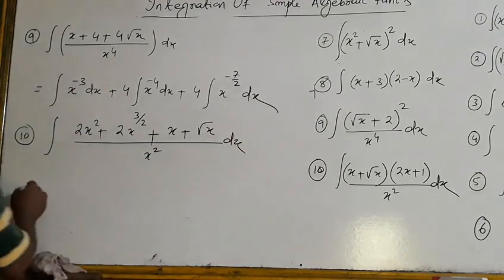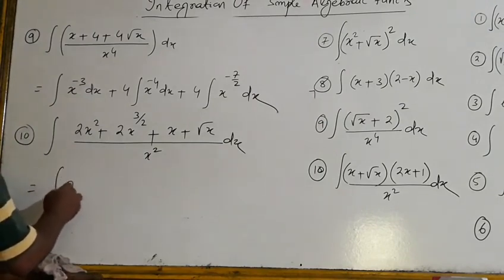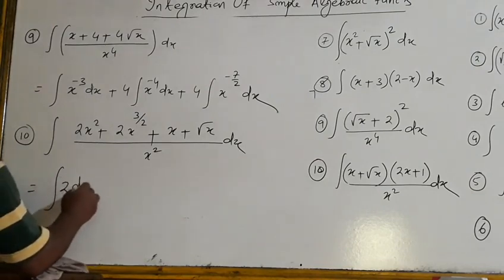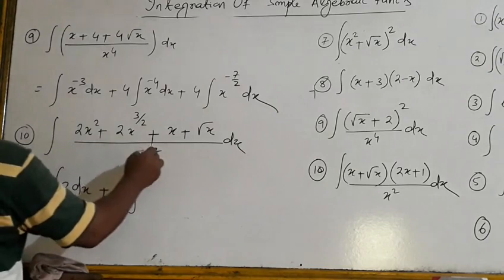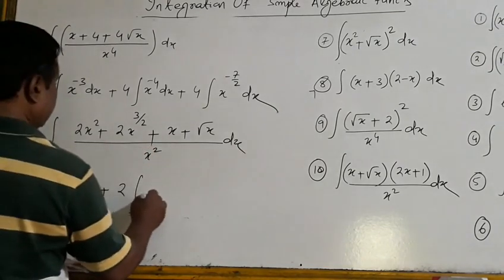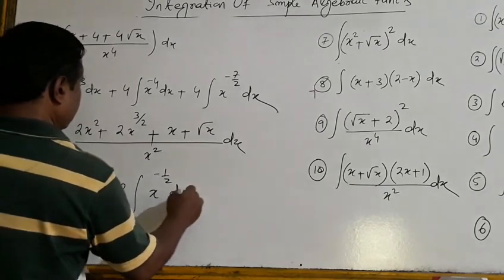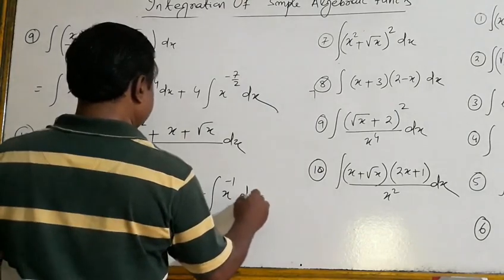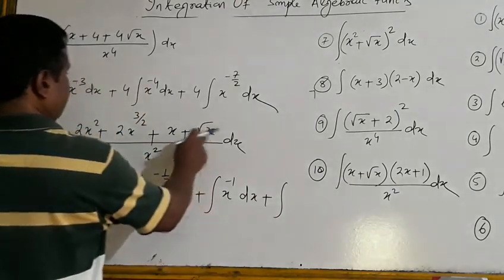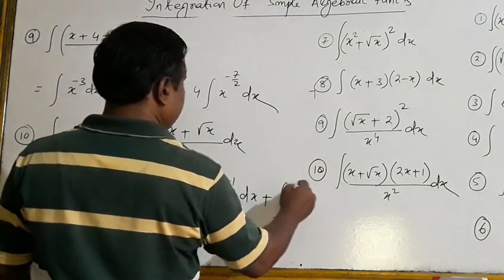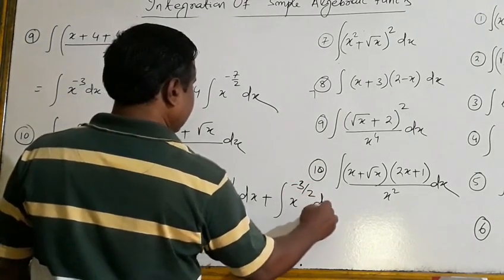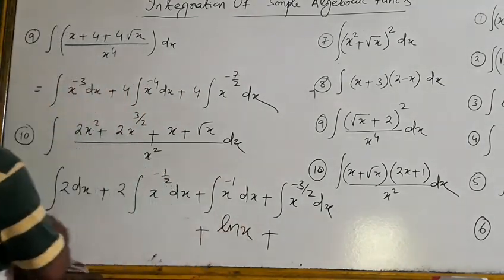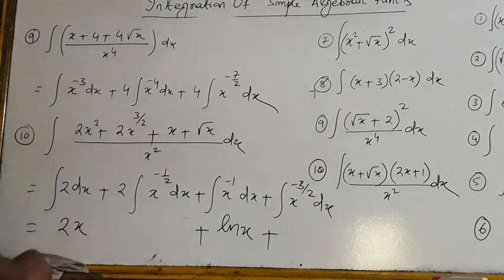It becomes 2x² by x², which is 2 dx, plus 2 x to the power 3 by 2 by x², it is x to the power minus half dx, plus x by x², it is x to the power minus 1, plus root x by x², x to the power minus 3 by 2. Okay, you will apply the formula, it is ln x, and applying x to the power n in each case.